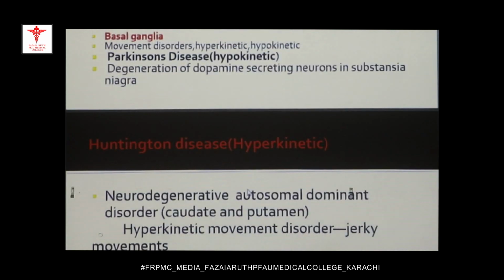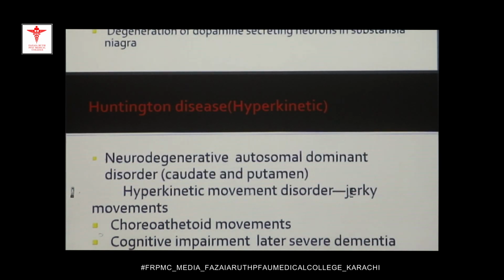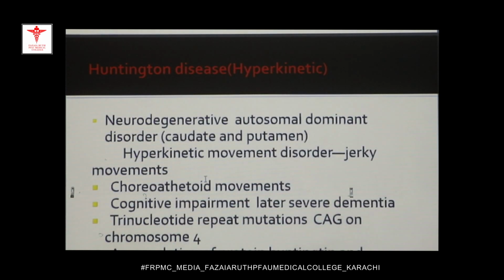Then is the Huntington's disease, which is a prototype of hyperkinetic movement disorder, and here it is mostly autosomal dominant and results in the damage to the caudate and putamen. It is characterized by jerky movements throughout the body and the peripheral extremities, especially in the upper arms, choreoathetoid writhing movements.